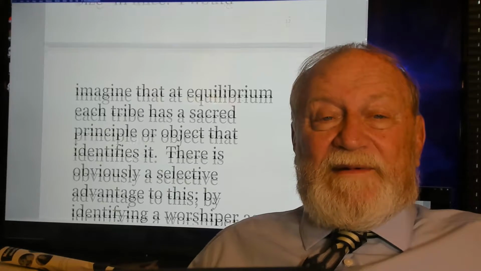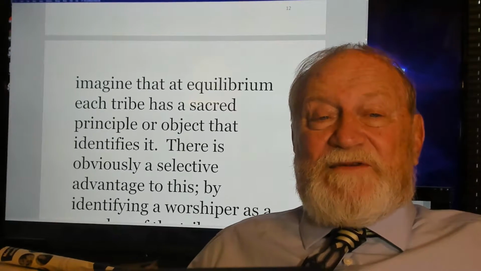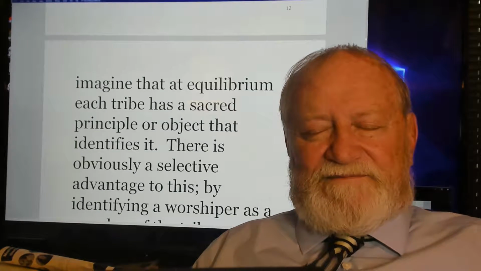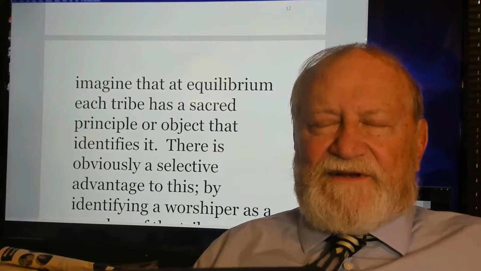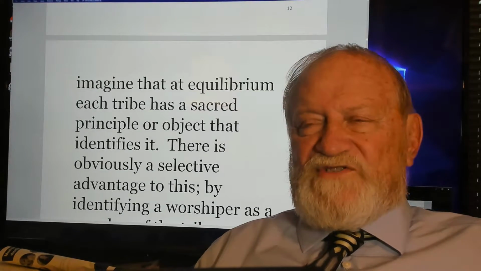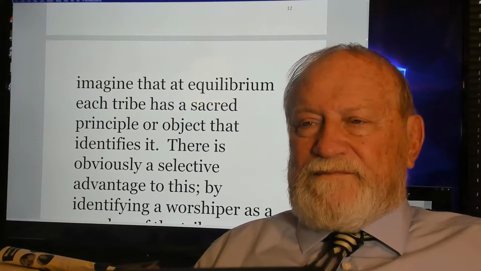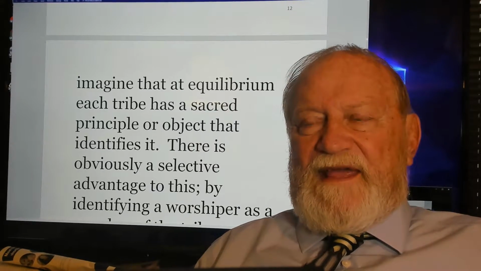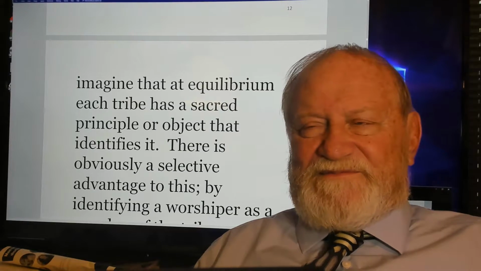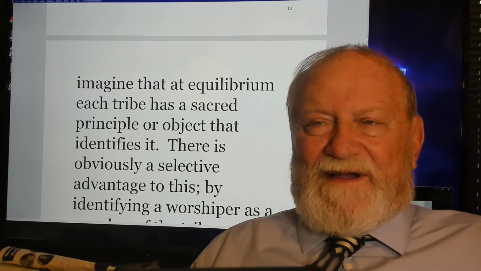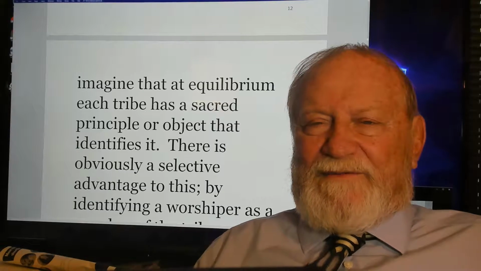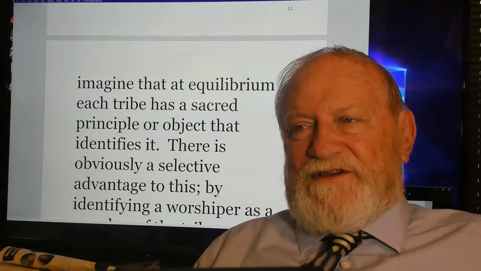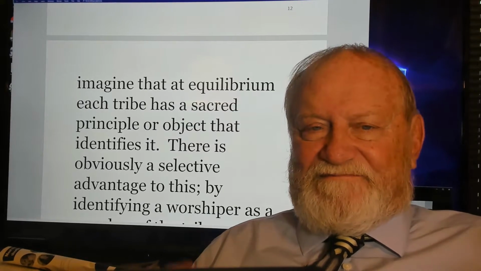Imagine that in equilibrium, each tribe has a sacred principle or object that identifies it. There was a nice little combination restaurant, museum, garden in Clearwater. I miss it. It was great fun. But they had a roughly six or eight inch thick, four foot wide, eight foot high slab of black worked stone, mostly just straight lines.